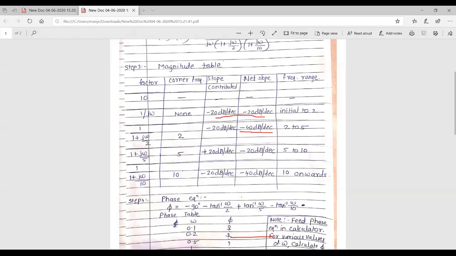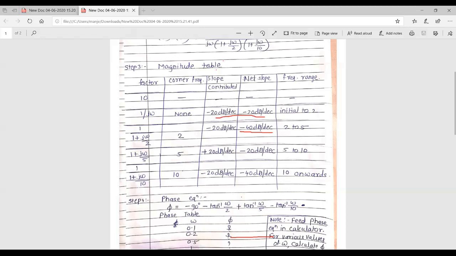1 by j omega. The effect of this factor is from what? Origin to the first corner frequency, right? Only this factor we are talking about. So the frequency range is initial to 2. From initial to 2, the slope of the magnitude plot is minus 20 dB per decade.